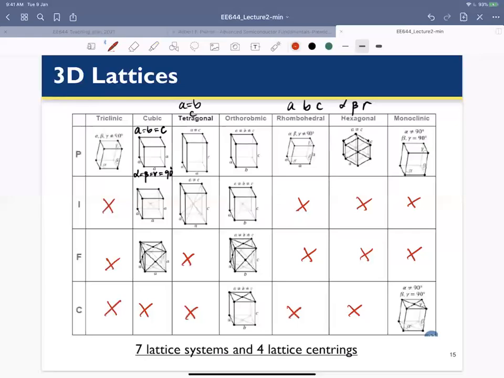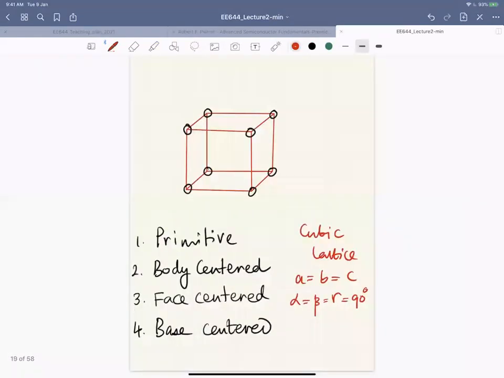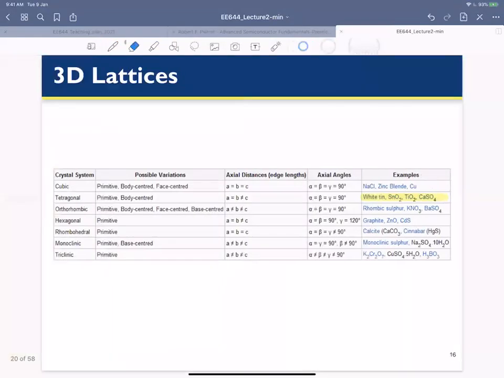Basically, the crystals define different materials. If you talk about cubic, sodium chloride, zinc blende, copper are cubic crystals. White tin, tin oxide, titanium oxide, calcium sulfate are tetragonal crystals.